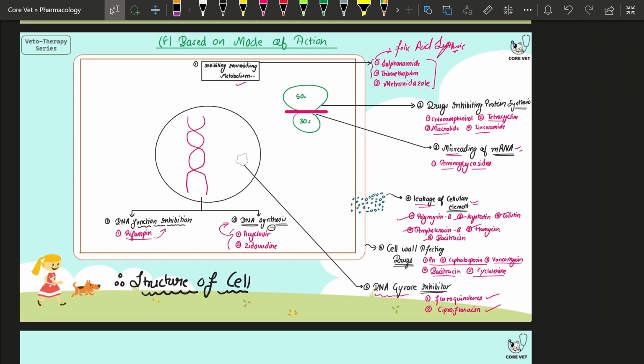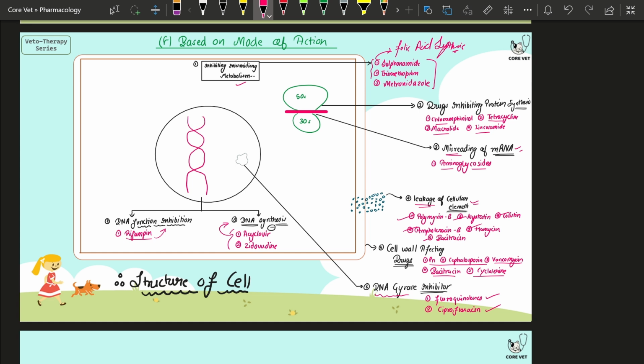But out of the classifications that we discussed today, the most important is the classification based on the mode of action, and it is quite important because there are drugs that inhibit the metabolism, drugs that inhibit protein synthesis, drugs that inhibit DNA synthesis, drugs that inhibit the functional aspect of the DNA, drugs that misread the mRNA, drugs that leak the cellular content, and drugs that affect the synthesis of the cell wall.